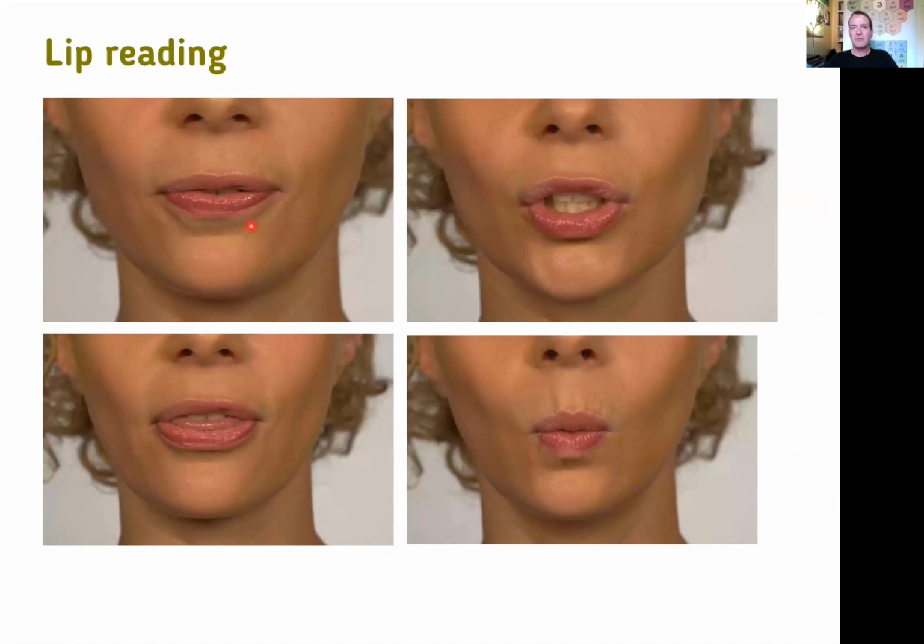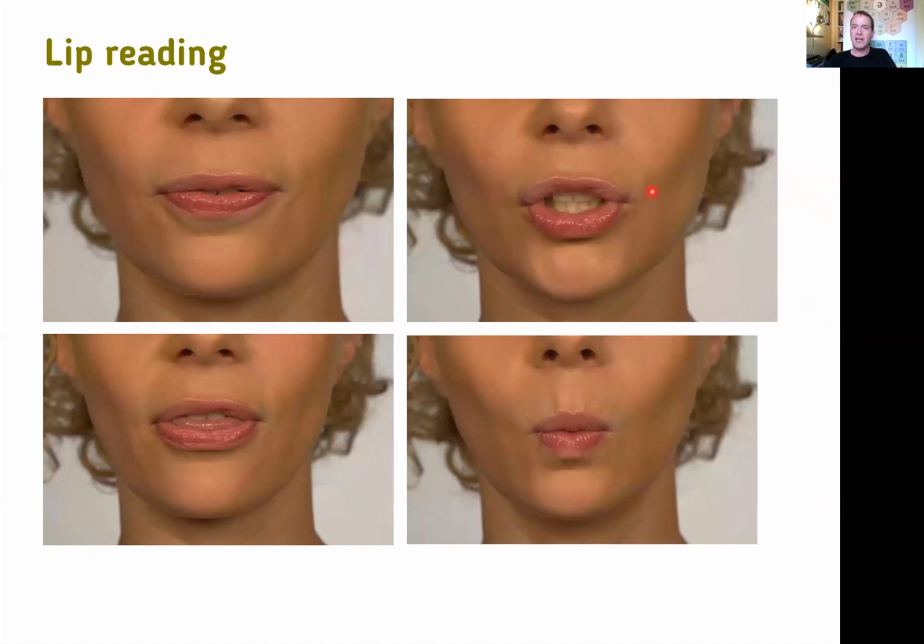For example, Spanish students often don't distinguish b and v. So if using this mirror technique, they need to be able to see the teeth for the v, and not for the b, where the lips completely close together.